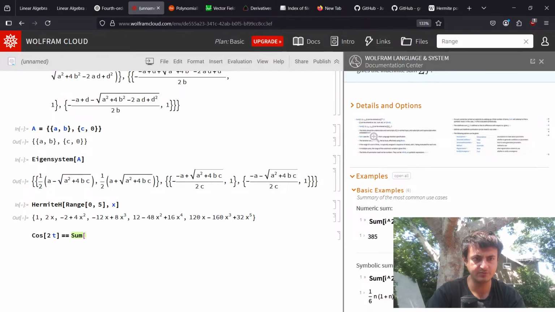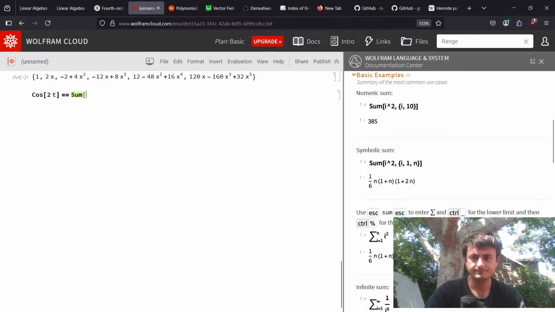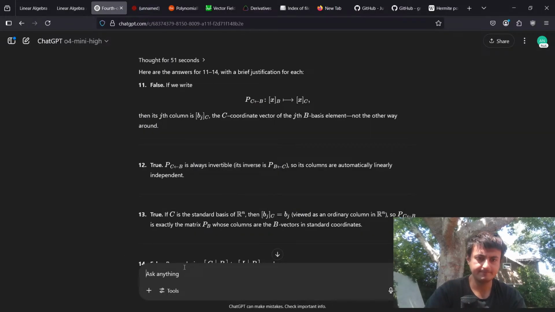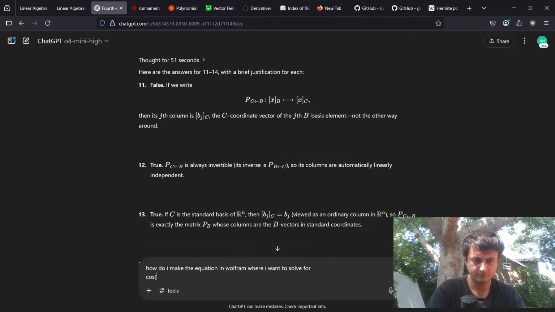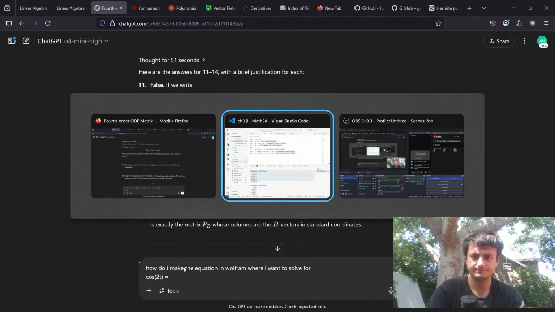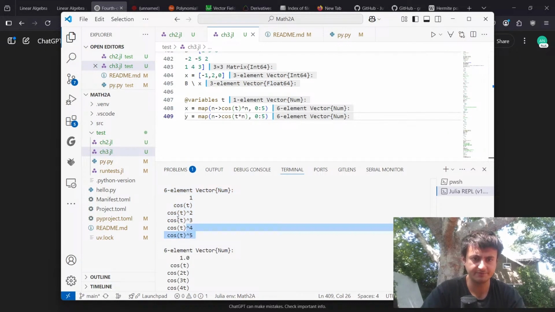So this is going to be the sum of k. Ooh, how do we do this though? So I want a linear combination.